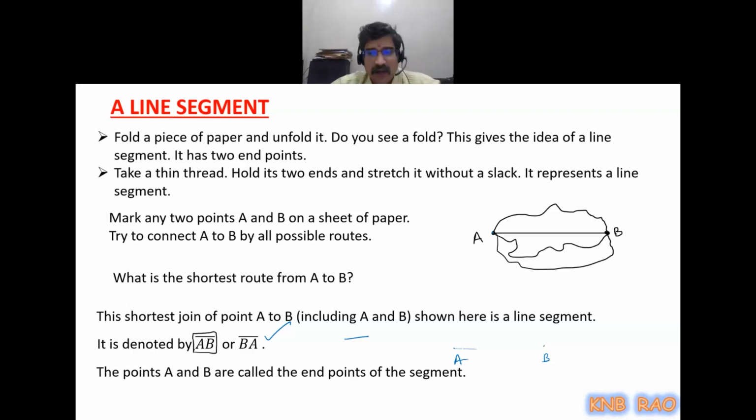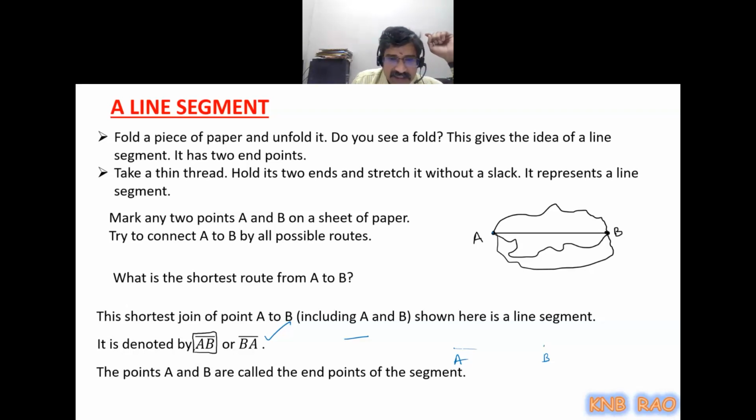Okay. Now, first point: a line segment is the shortest distance between 2 points. Second point: a line segment is part of a line which has 2 fixed endpoints. Point number 3: a line segment is denoted with the help of its endpoints, such as AB.